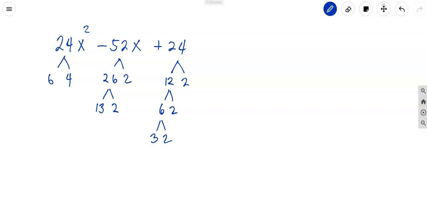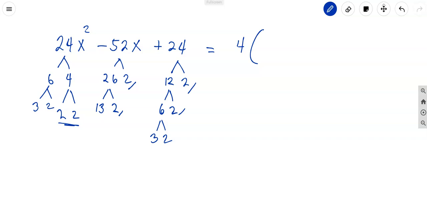As you observe, this one is 2 times 2, and this one is 3 times 2. So the common factor here is 4, and then we have 4 as well. Therefore, we will write 4 as a coefficient. And then you have to divide by 4. We don't have x here, so we cannot make x a greatest common factor as well.